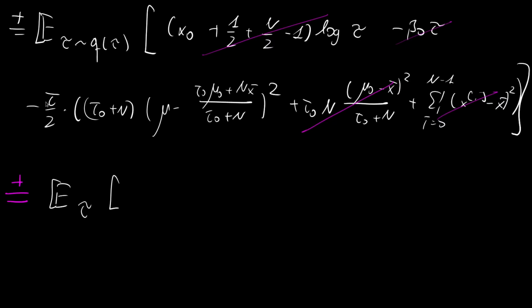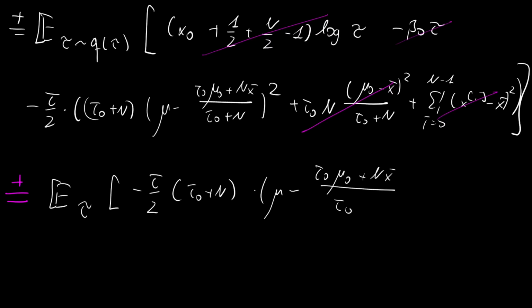And then we are left with this one here, which will be minus tau over 2 times (tau_0 + n) times (mu - (tau_0 mu_0 + n x bar)/(tau_0 + n)) in brackets squared.